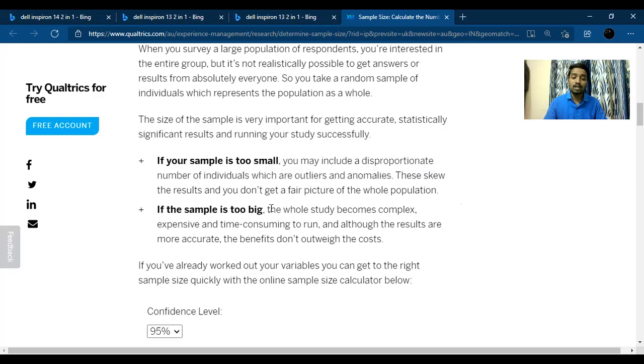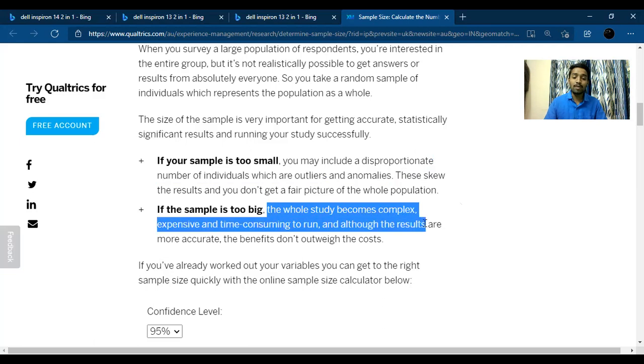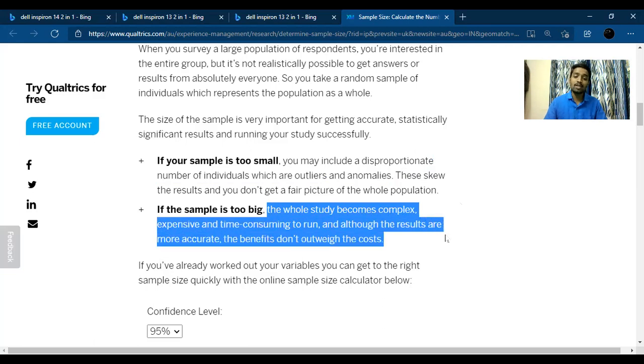What if your population is too big? If it's too big, it becomes complex, expensive, and time consuming, and the results are not much more accurate. The benefits don't outweigh the cost. So it is not value for the money if you have too big a sample.